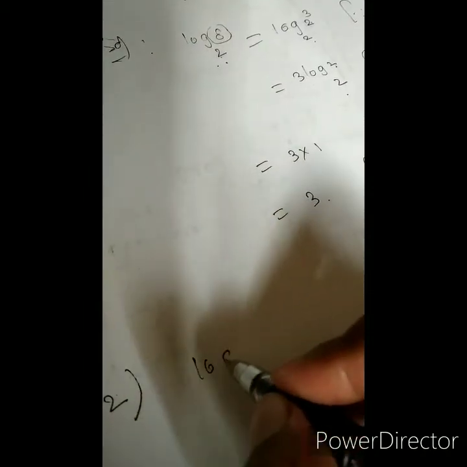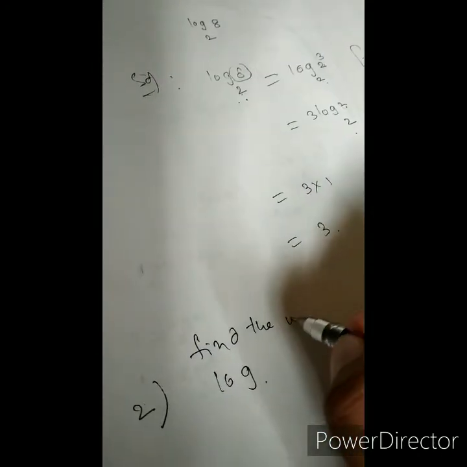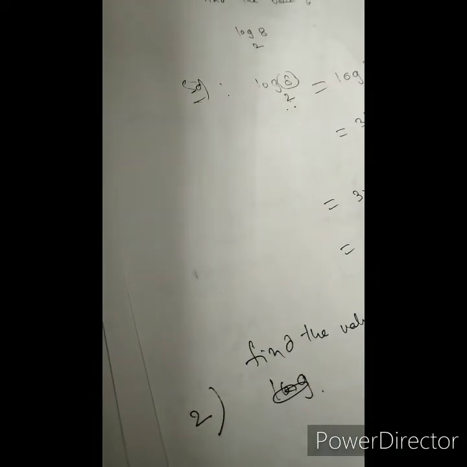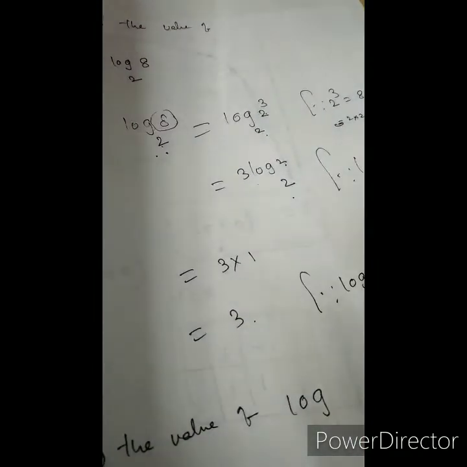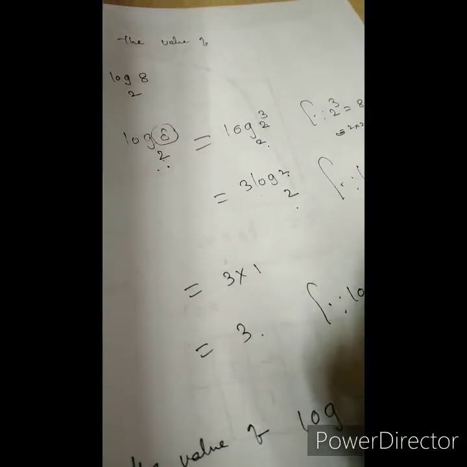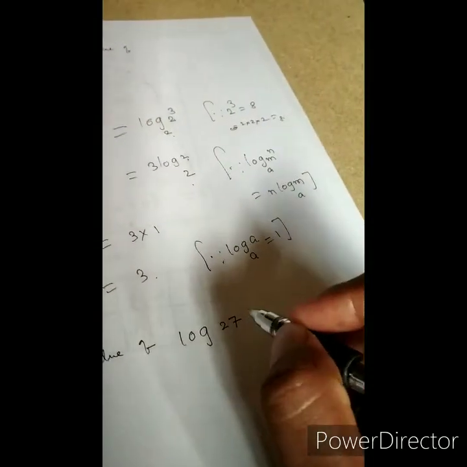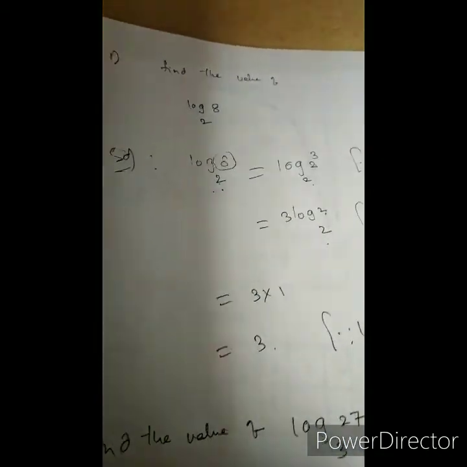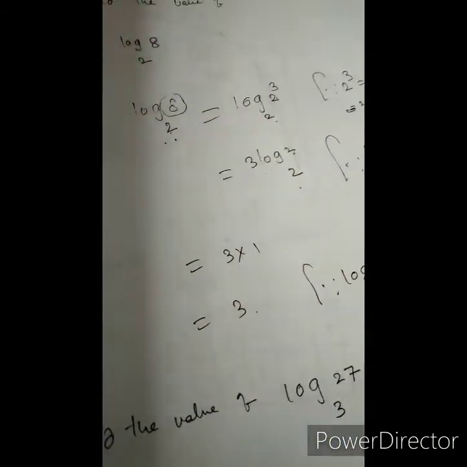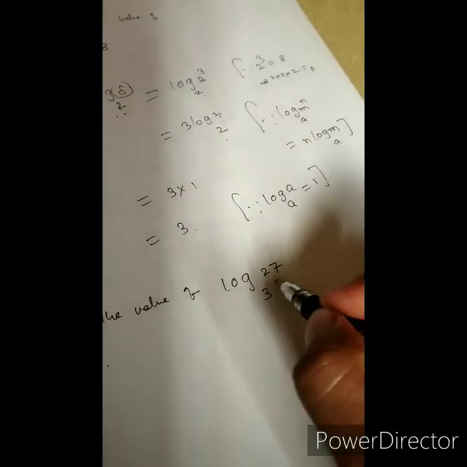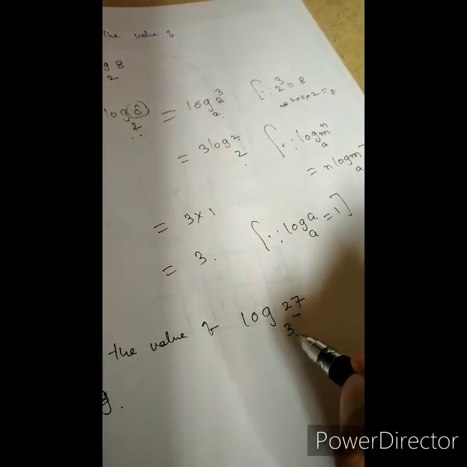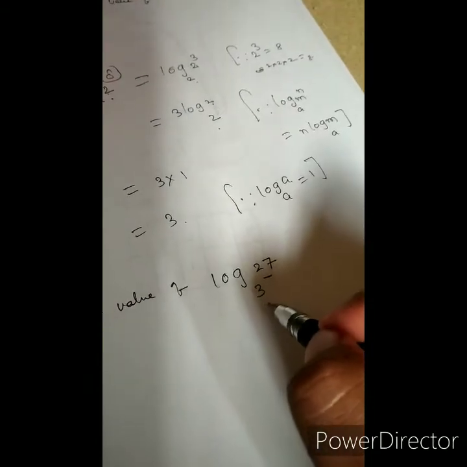The second one: find the value of logarithm of 27 to the base 3. What you have to do, first always try to express the given number in the powers of the base.